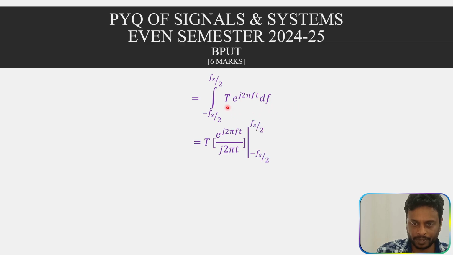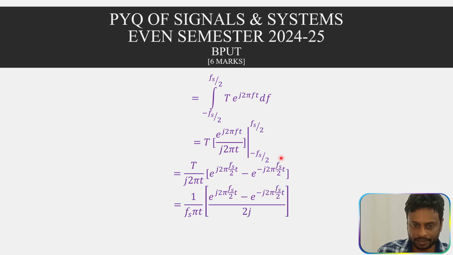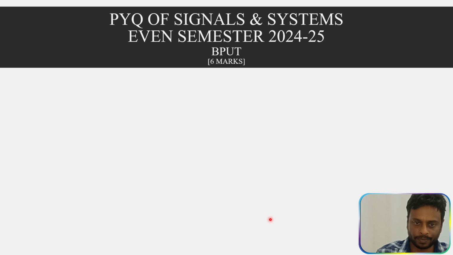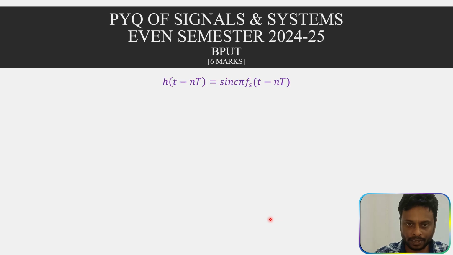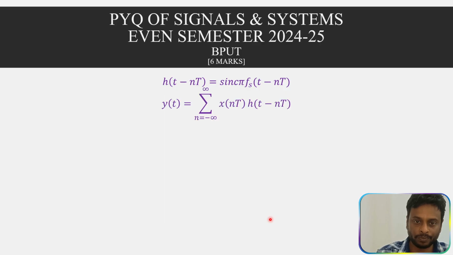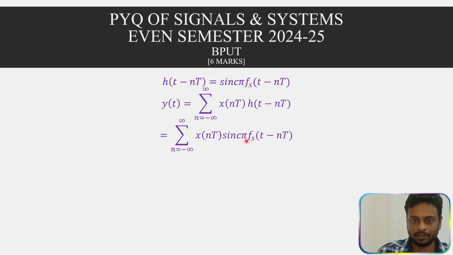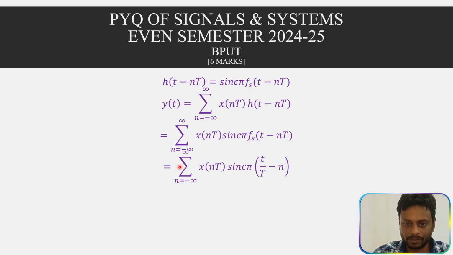If we integrate this, we get e^(j theta) minus e^(minus j theta), which we can divide by 2j and multiply by 2j. This is a sine function, sin(pi f_s t), so h(t minus nT) equals sin(pi f_s (t minus nT)). So this is our y(t). You can also write it this way, dividing by T over here.